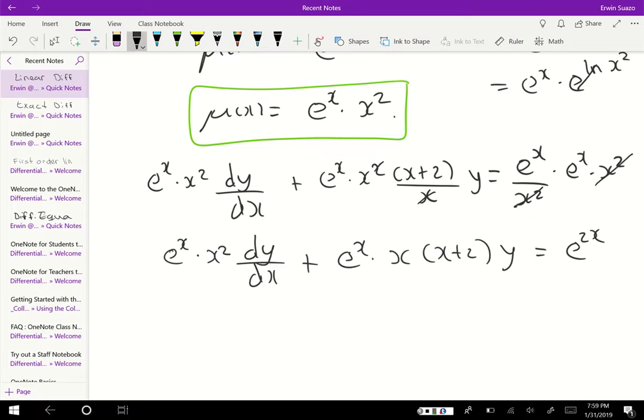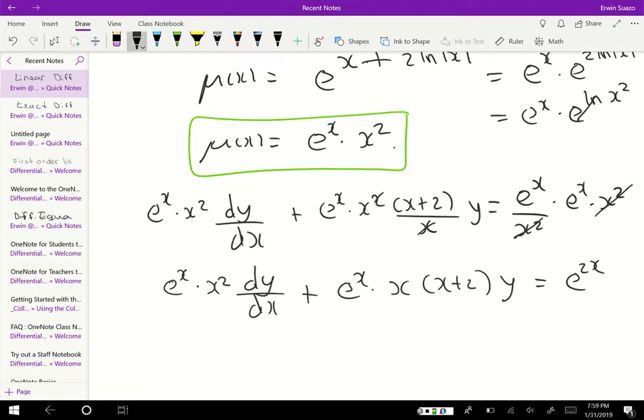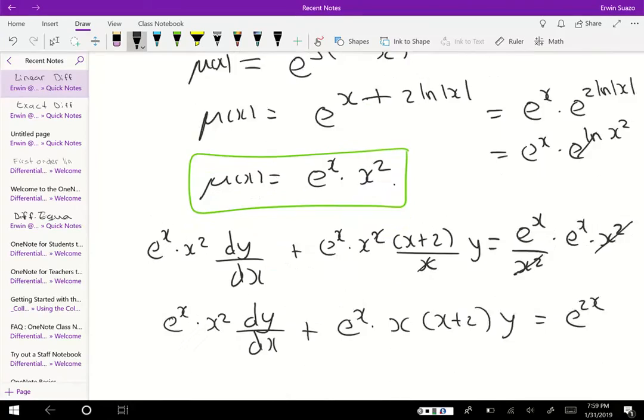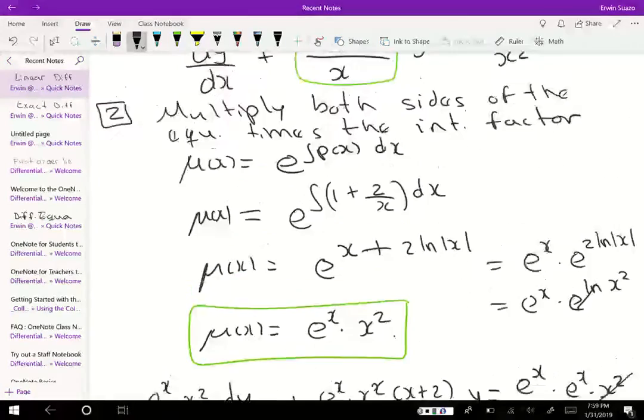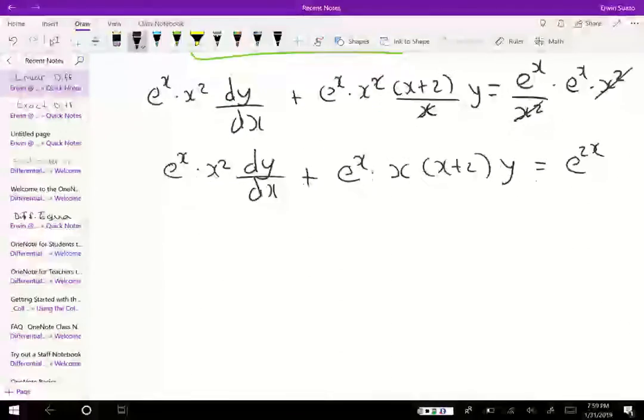Is that right? Let's check our work. e to the x squared divided by x, e to the x, this cancels with that one. We get x, and then (x plus 2) y, e to the 2x. Okay, so that's the last part of step number 2. Part 3.